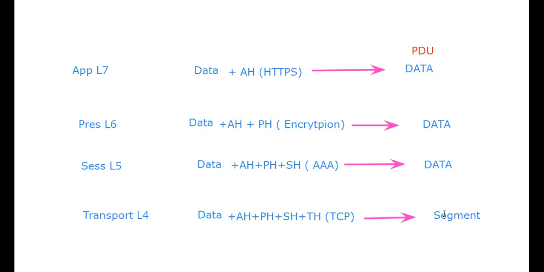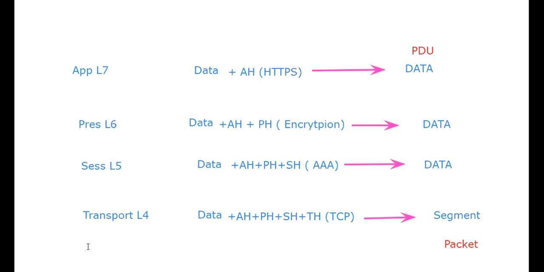Segment. The same way, when you go to the network layer, you get all the transport layer info plus the network layer header, then we call it a packet. Every layer, once we receive the info from the upper layer and add the respective layer info, the output we call a PDU.